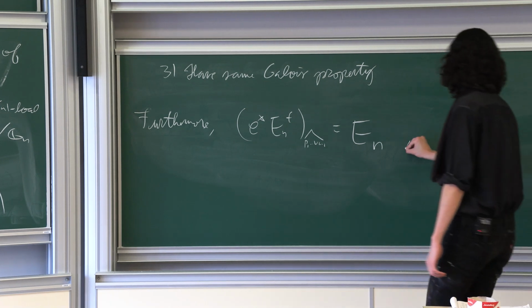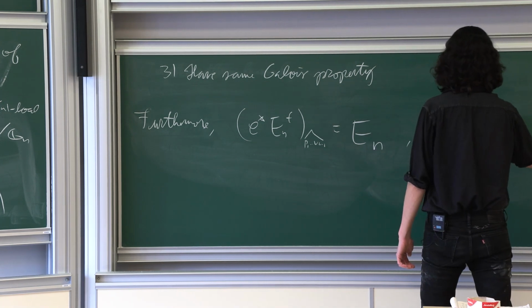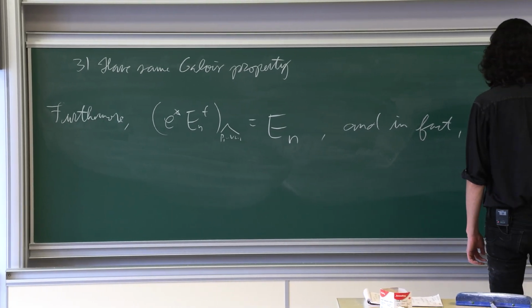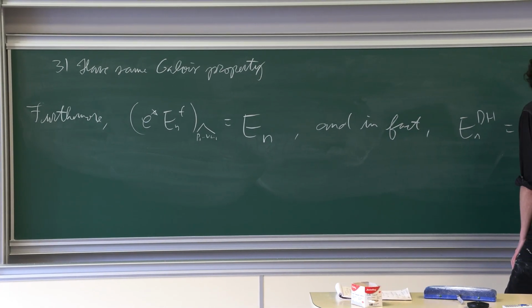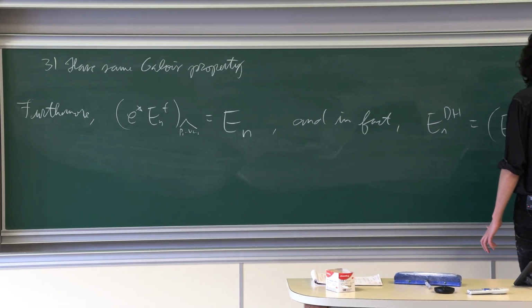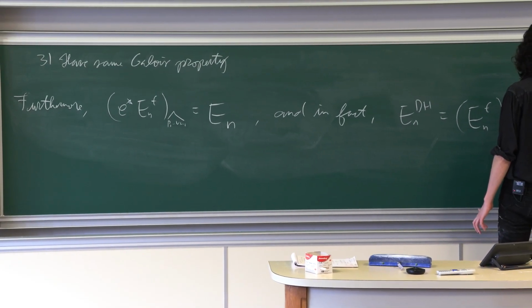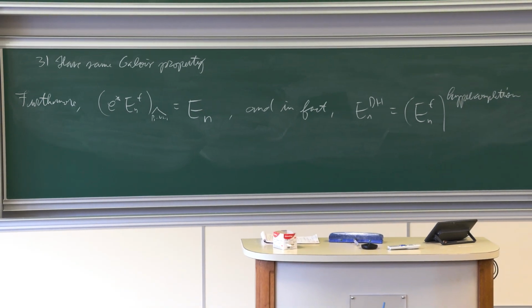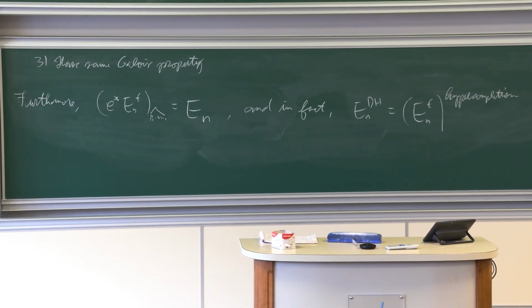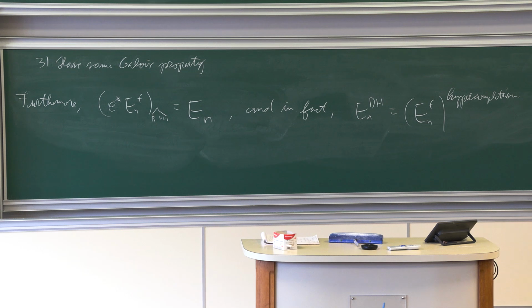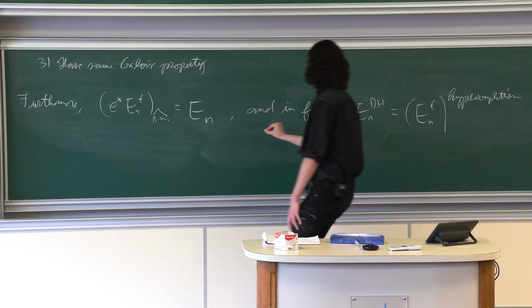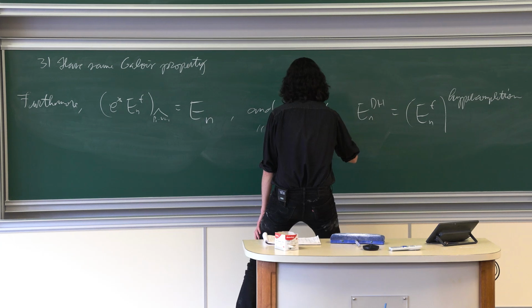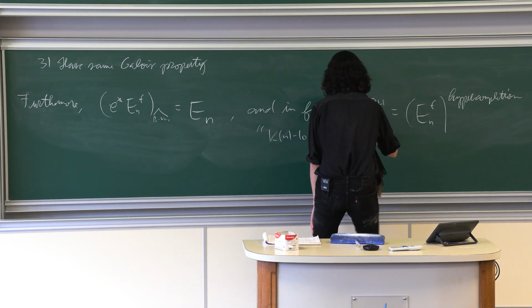And in fact, this En Devinatz-Hopkins is exactly the hypercompletion of this finitary version, this Tn local version. So you could read this as somehow saying that Kn localization is the same as hypercompletion.